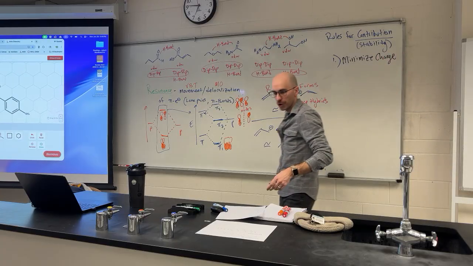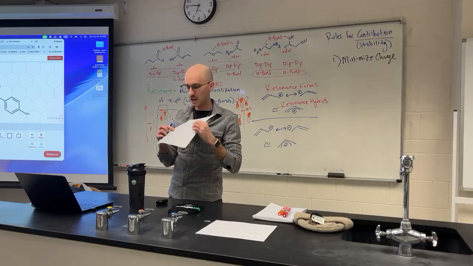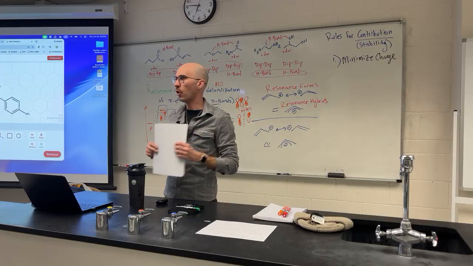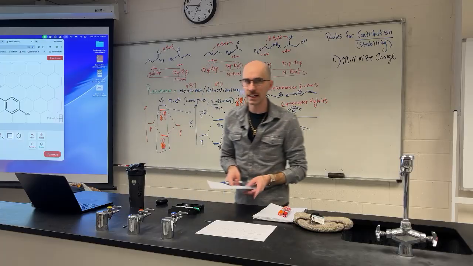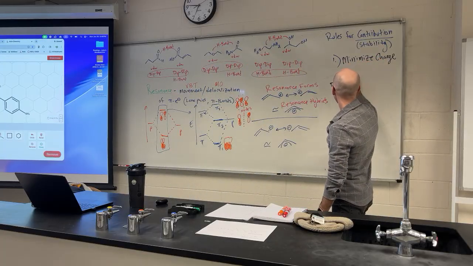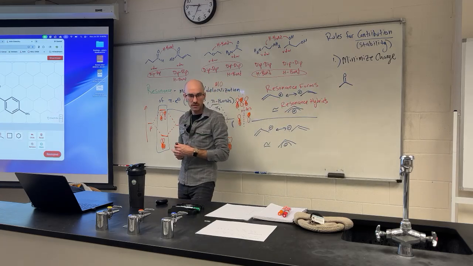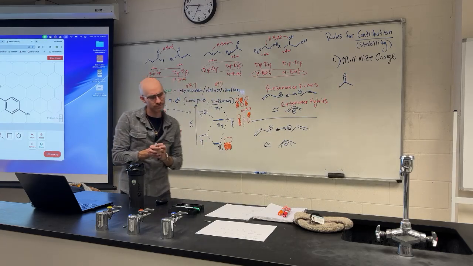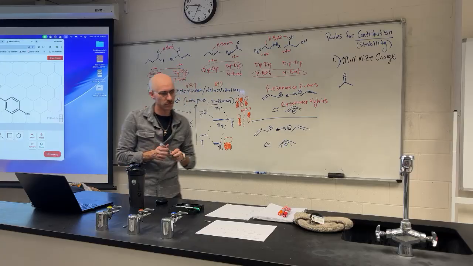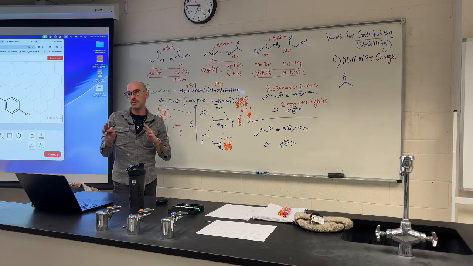I've given you 2 molecules at the top here where I want you to show resonance forms and predict which one minimizes charge. First, we'll take this CO double bond.